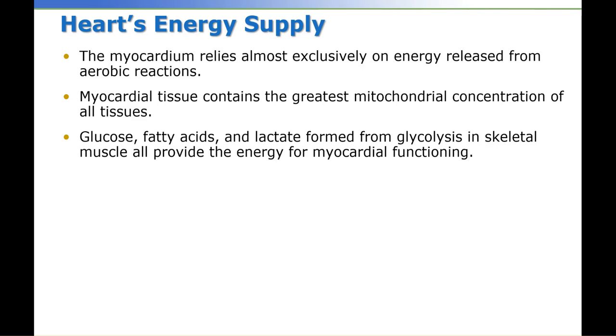Aerobic metabolism, as opposed to glycolysis, which is anaerobic and happens in the cytoplasm, takes place in the mitochondria, where there's a need for oxygen. The reactions there take place through the Krebs cycle. Because of that, there's a high amount of mitochondria.